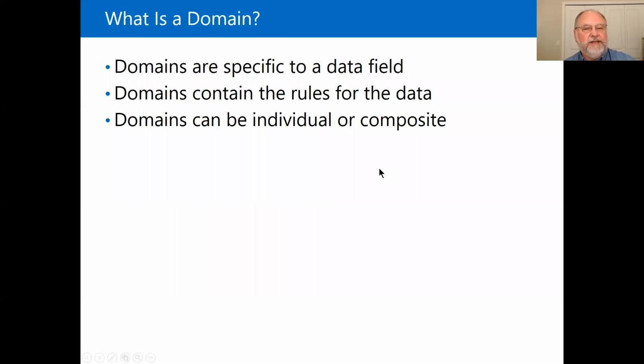So we need to define a couple of terms. A domain. When you deal with DQS, you're going to use the term domain quite a bit. Think of it as a column. Generally speaking, and it's not the same thing, but it's pretty close. A domain and a column are the same. An entity and a row are the same thing.